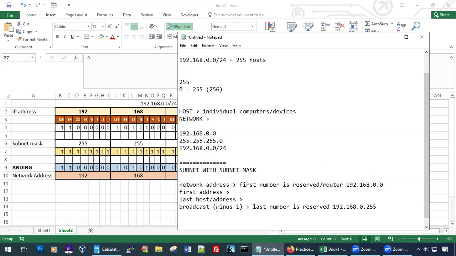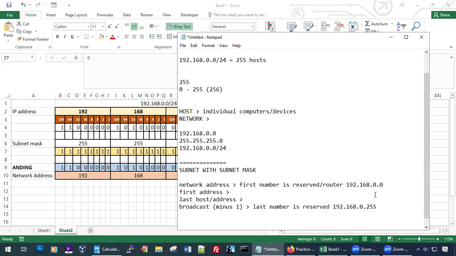So we have to minus 1 to get our broadcast address. Let me say that again. The first number is reserved and the last number is reserved. 0 has been taken up. Now remember there are 256 numbers. If this was 256, technically you have to minus 1, which is what we have here. And so this is going to be correctly 255.